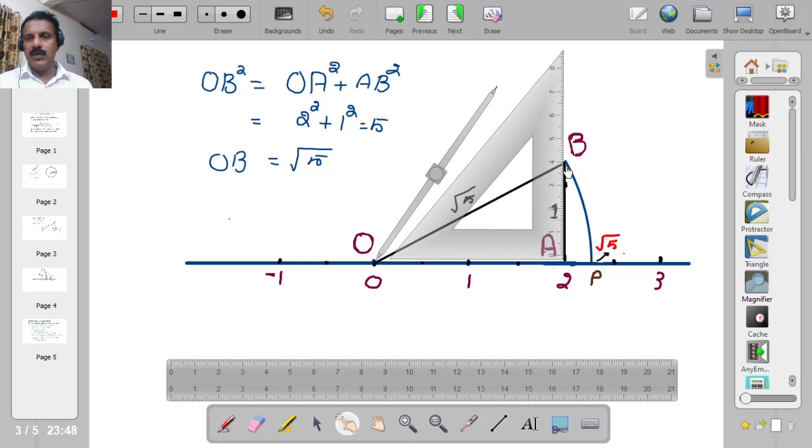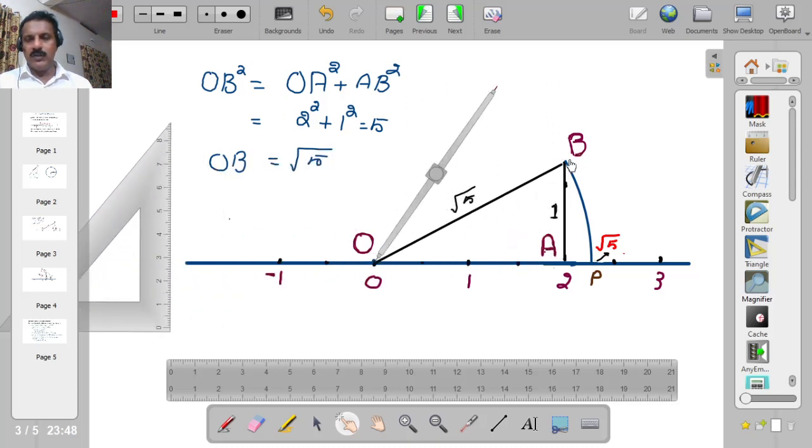Mark the end point of this perpendicular line segment as B. Now we join point B to point O. So we got a right angled triangle OAB, right angled at A.